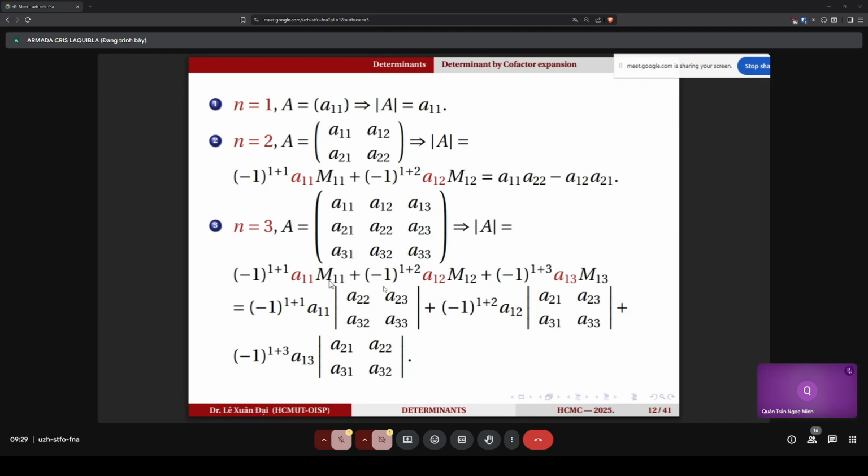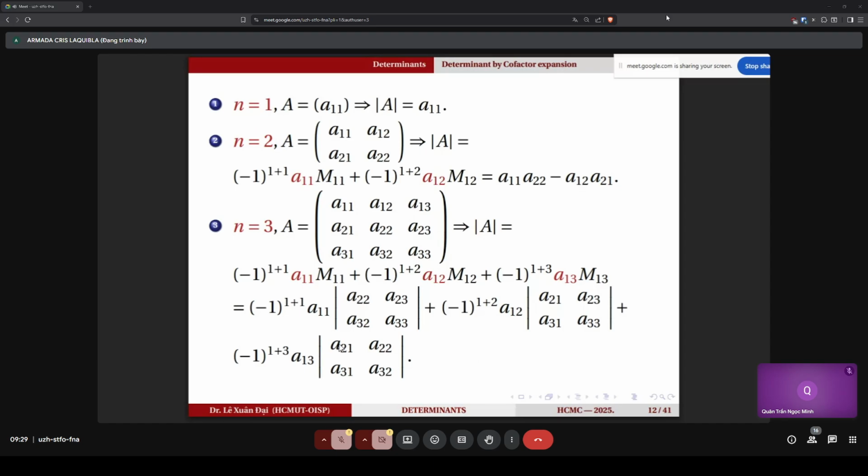For A11, if you remove the first row and first column, you have these 4 numbers remaining, and this is your M11. The same process goes for M12 and M13, and that's it. This is now the formula for your 3 by 3 matrix.